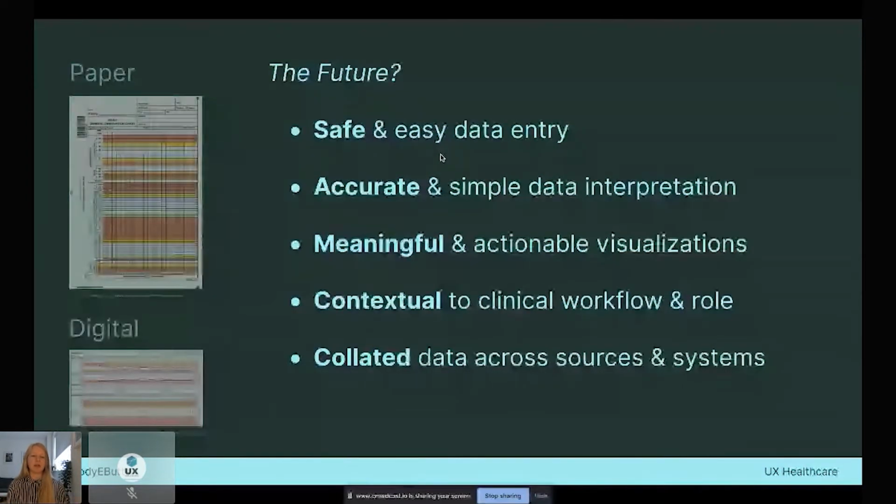And as we know, with a lot of the challenges we're facing today with interoperability, and even just the complexity of vitals being pulled in from different sources or different methods, it's really important to make sure that we're taking all this information and giving it back to our users in a meaningful way.